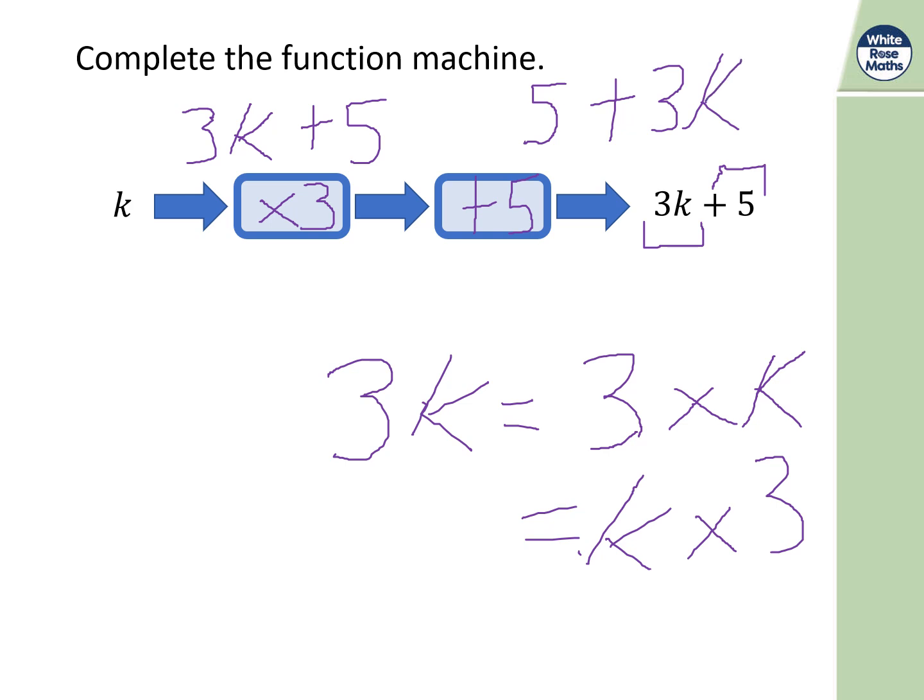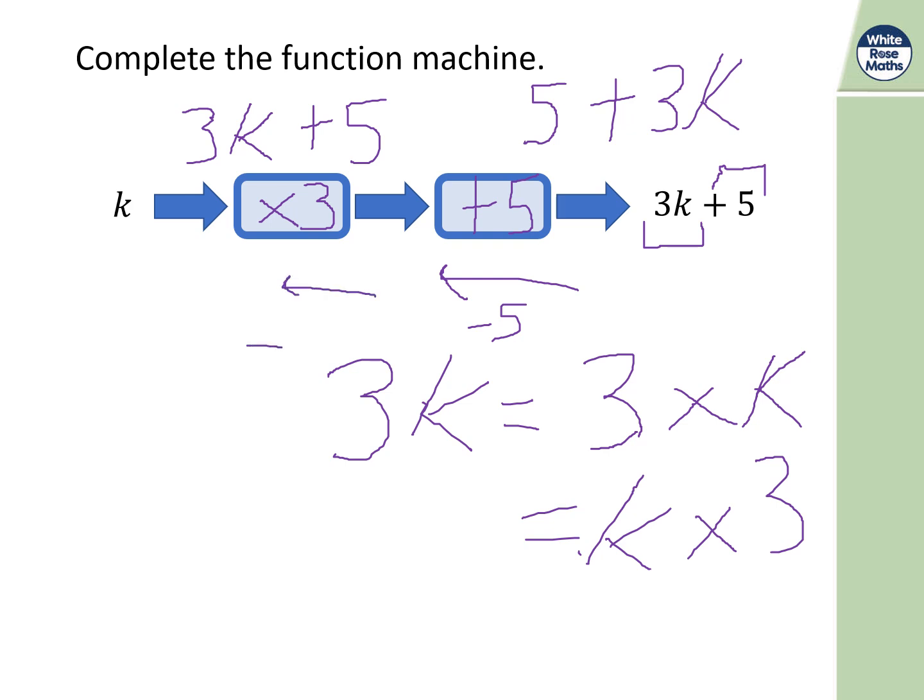So you're always looking at what step has been done first, and unraveling, and obviously working backwards. The last thing that was done here was add 5. So if you go backwards, you'd minus 5, and then you would divide by 3.